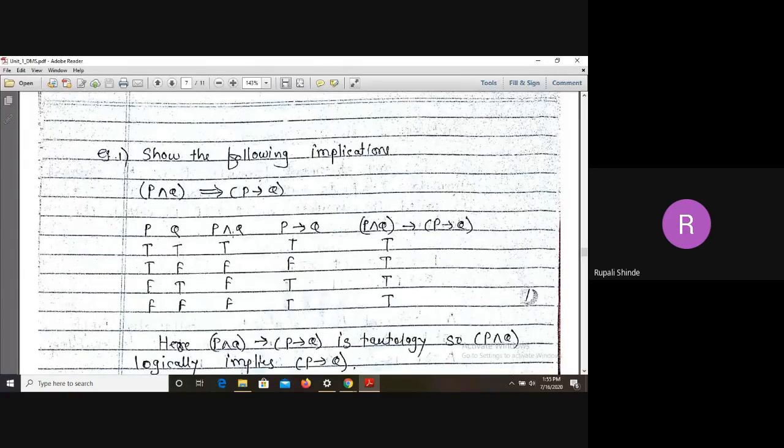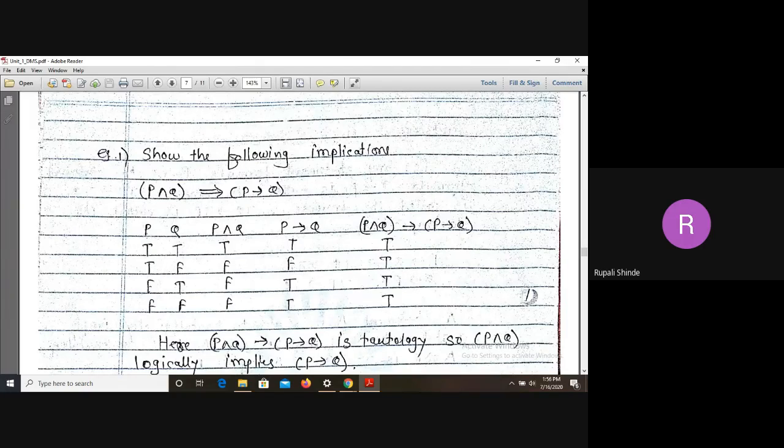So this is the conjunction. When both P and Q have value T, only then you will get the final value T. Otherwise it will remain false. So for the first combination only you will get T. Now, the next one is P conditional Q. We have to check the conditional between these two.